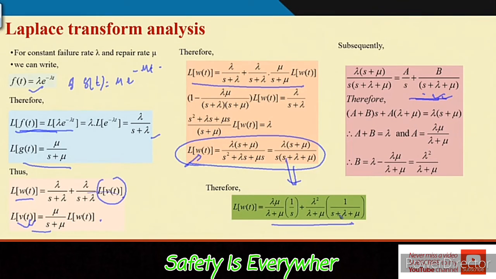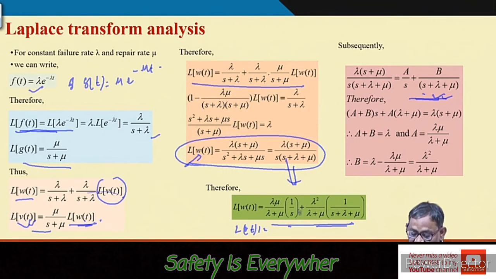Now, if you want to do this for V(t), you can do this because L{W(t)} is known. Put it in this equation, mu by this into this quantity, and in the same path you follow, you will find L{V(t)} in this kind of form. That is what we have shown to you later.